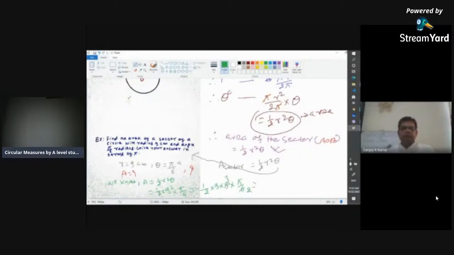After multiplication, 9 3s are 27 pi, divided by 4. Your question says to give your answer in terms of pi, so this is the answer in terms of pi. Otherwise, you take a calculator and give the value correct to the required significant figures. In this way, we apply this formula to the problem.